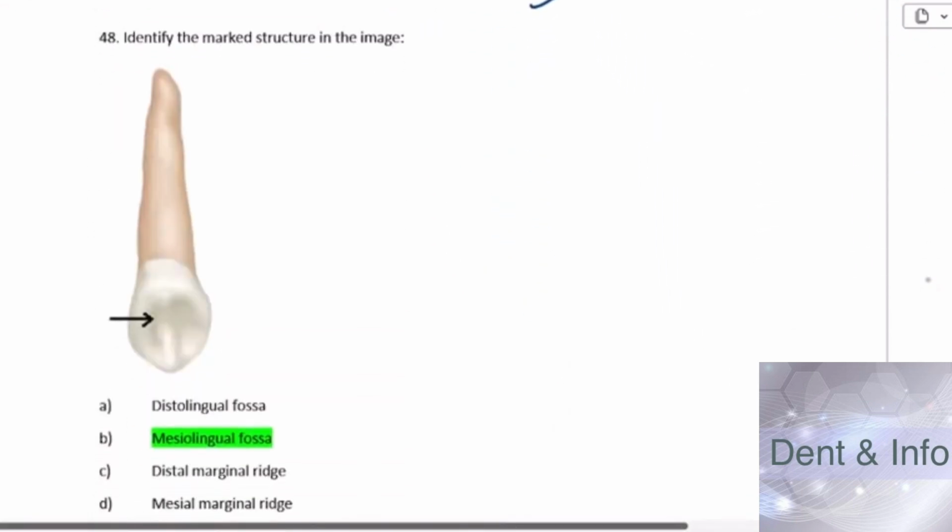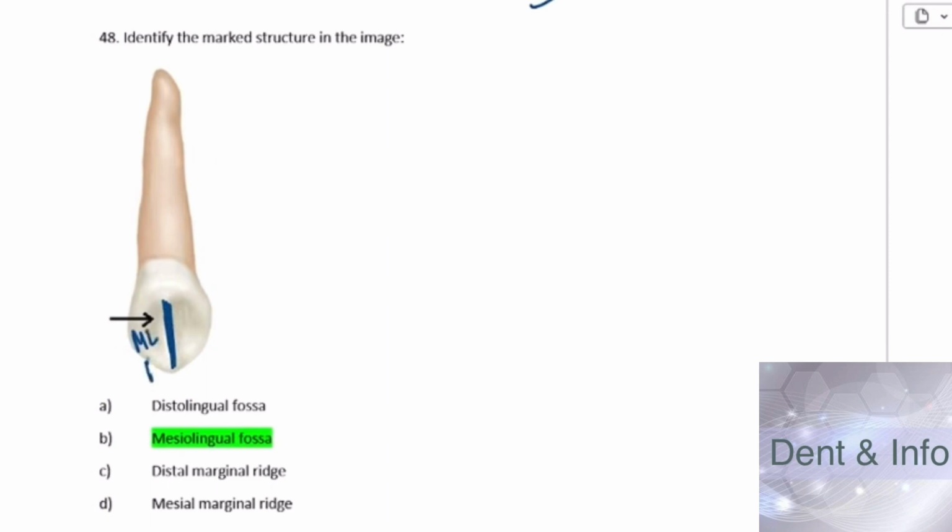Identify the marked structure in the image. Now this is the lingual aspect of maxillary canine. We could see right in the center there is a ridge. Now this ridge is dividing the lingual fossa into mesiolingual fossa and distolingual fossa. How can you identify which side? Now the mesial slope in maxillary canine is smaller than the distal slope.